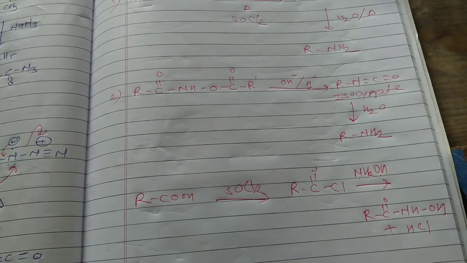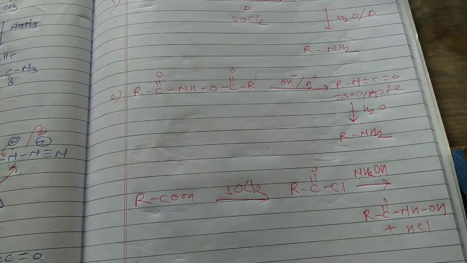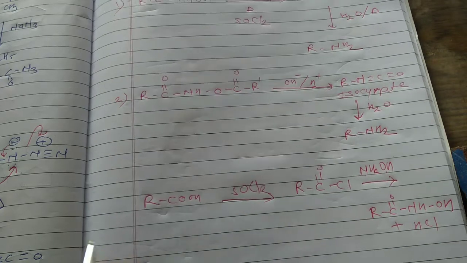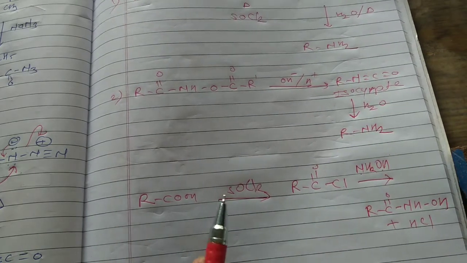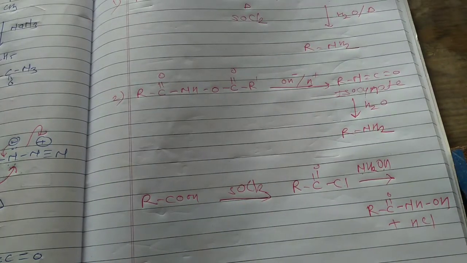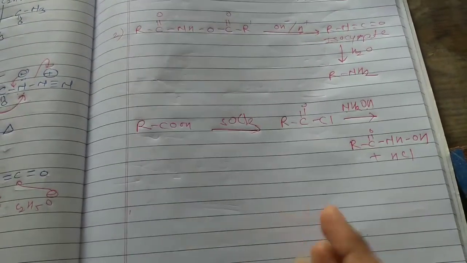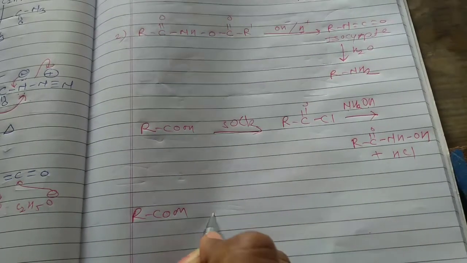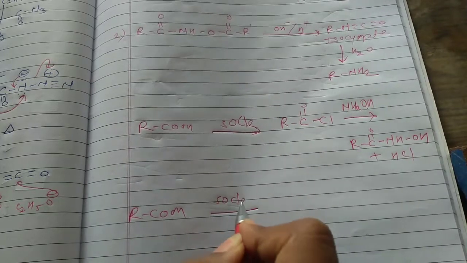In this manner, the derivative O-acetyl hydroxamic acid is generally isolated and then the rearrangement is carried out by treatment with base. We can prepare O-acyl hydroxamic acid in this manner: this acid RCOOH is first of all reacted with SOCl2.